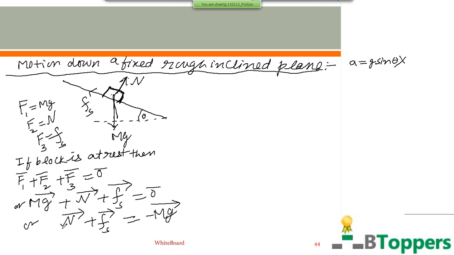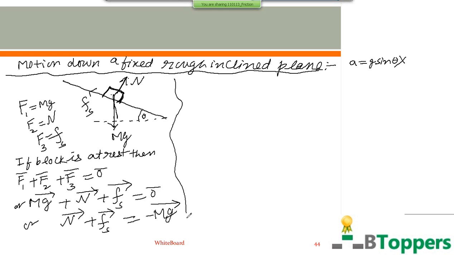The vector sum or resultant of normal reaction and friction forces on the block by the inclined surface is called the total reaction force on the block by the inclined plane, or you can say contact force on the block by the inclined plane.